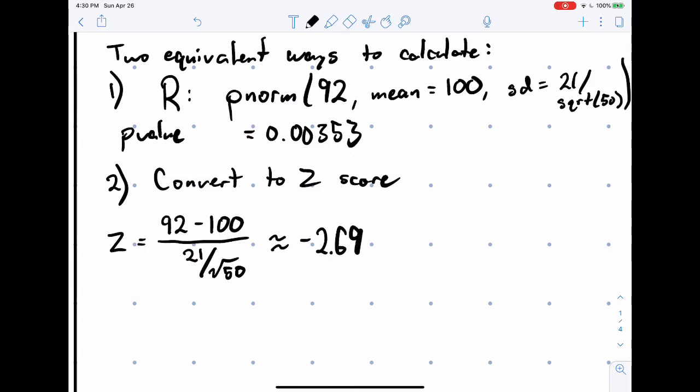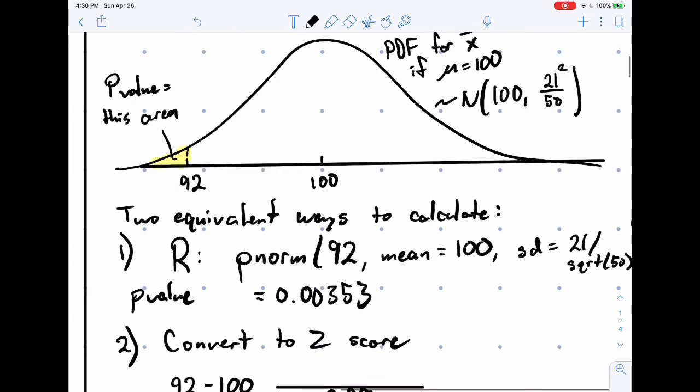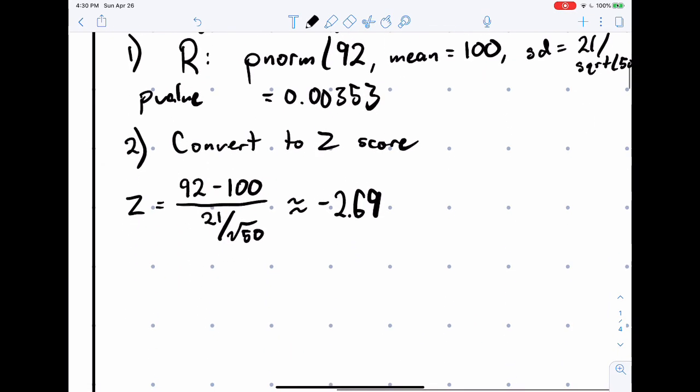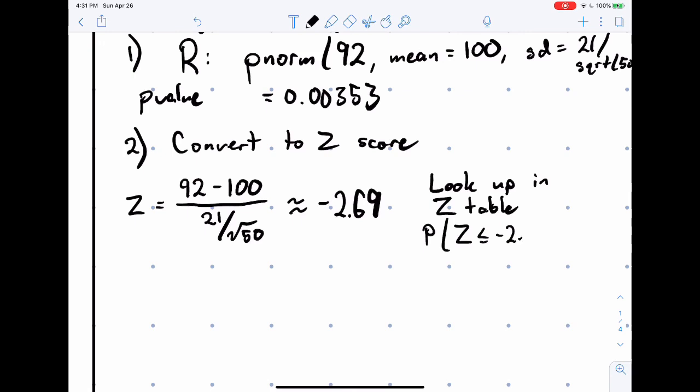Now you take this number and look it up in the z-table and figure out what the equivalent area to the left is. Look up the probability that z is less than that, and you'll see it's about the same thing, 0.0036.